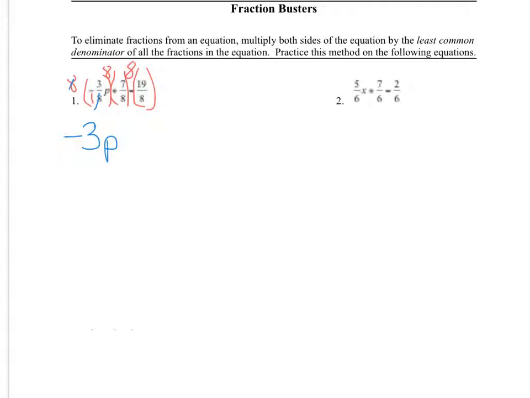These 8s are also going to cancel, so I'm going to have plus 7 equals, and these 8s cancel also, and I'm going to get 19.